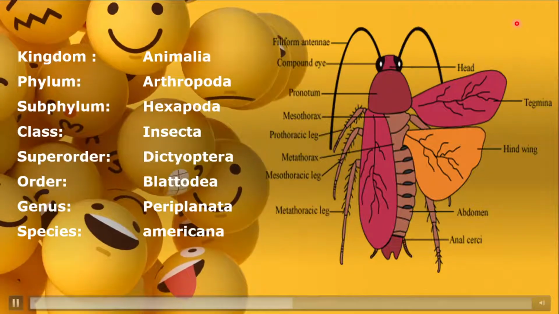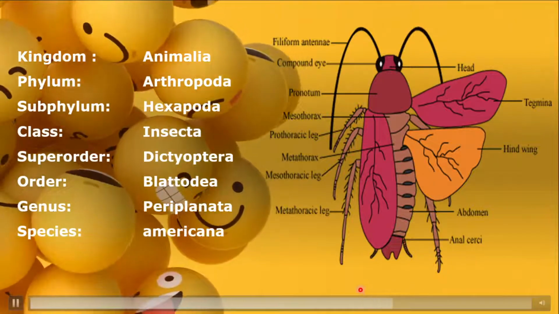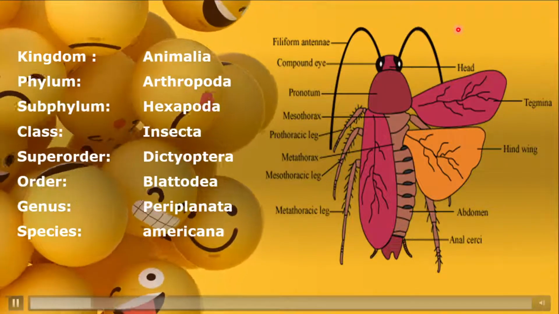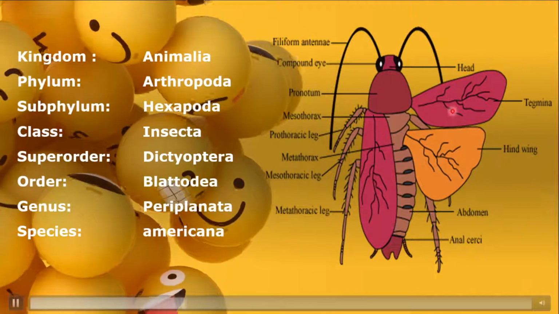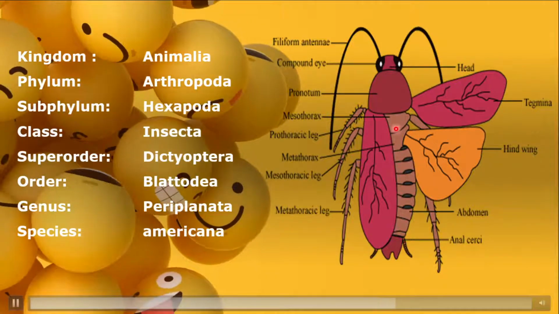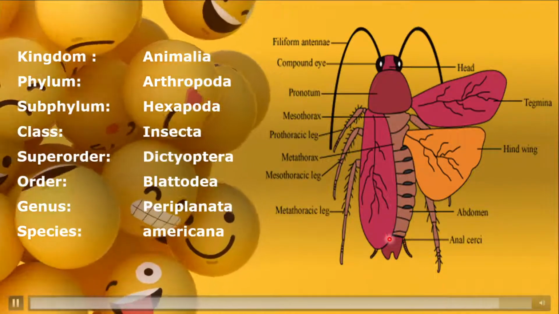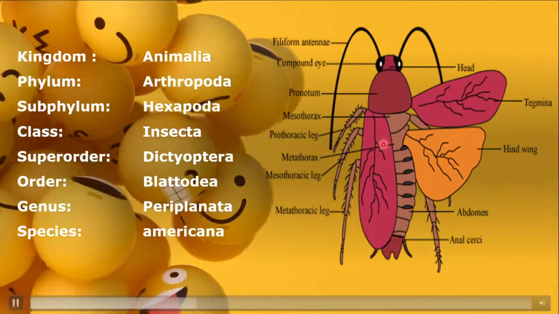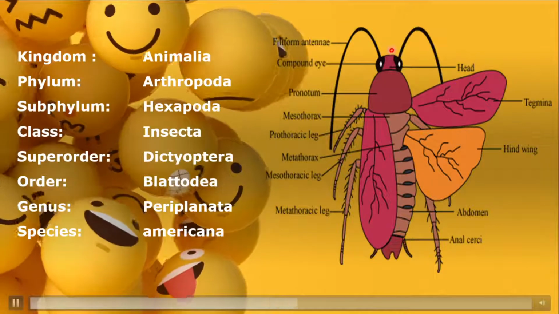Beside here is the diagram showing all the external features of Periplaneta americana, which I have explained in the previous lecture also. But let's see here, the complete body of cockroach, or arthropods, or class Insecta, is divided into three main parts.